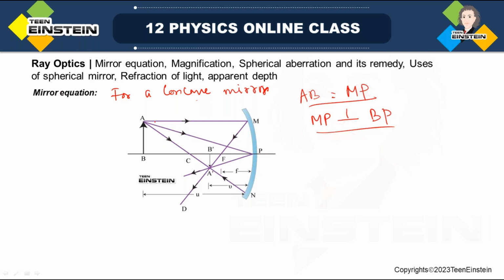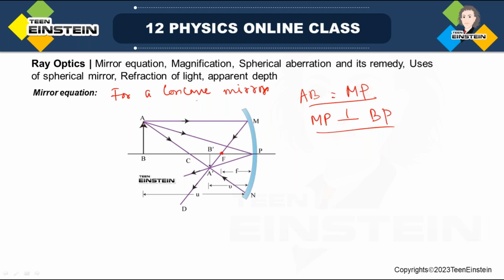If we take three rays, like one parallel ray, according to the rules of image formation: if we take the ray from point A which is parallel to the principal axis, after reflection on the mirror it will pass through the principal focus, right?